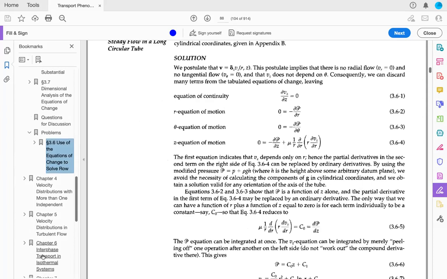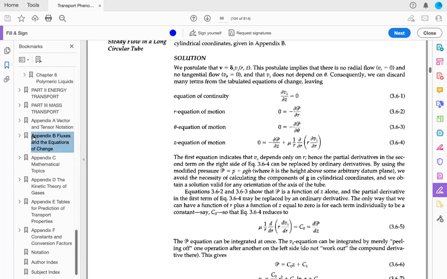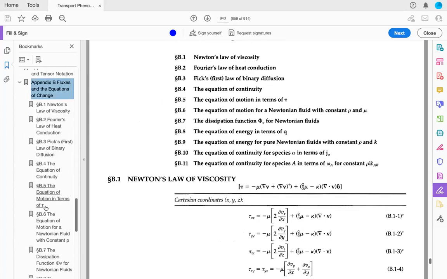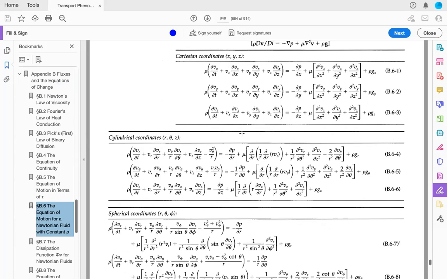So let's have a look back into Appendix B. Here is the cylindrical coordinate, and there are 3 lines.